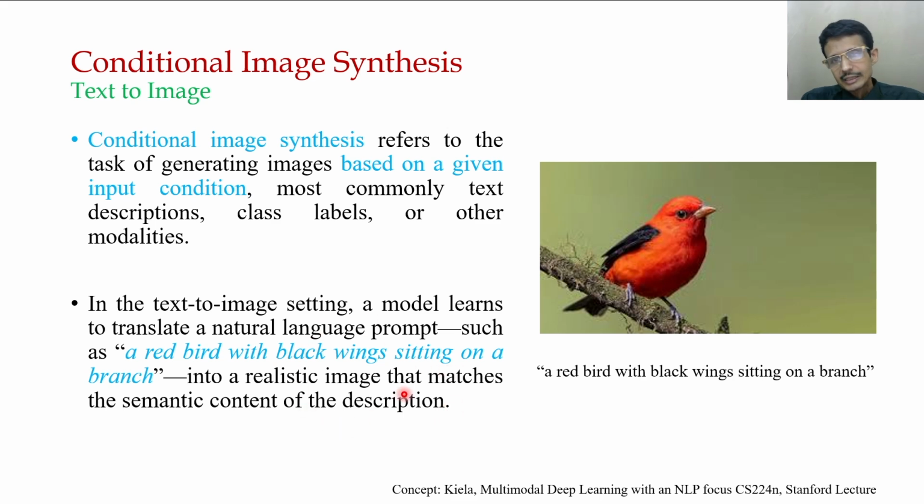Now, what is important to understand here is that given a description in a particular modality like text, we try to understand the internal meaning of that, and having that understanding, we try to generate the image. So it's a kind of conditional generation or conditional GAN kind of thing. I am not saying that this is a GAN, but the idea is similar. The condition is based on one modality and the output is a different modality.